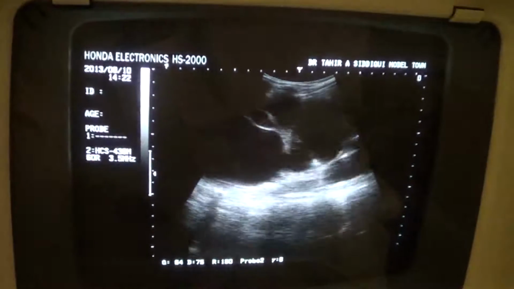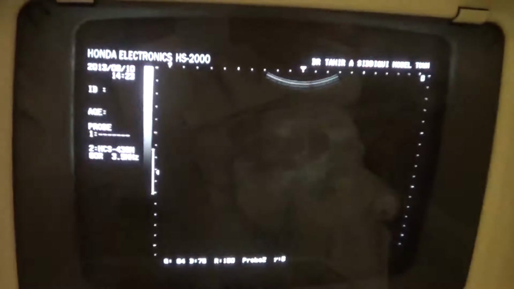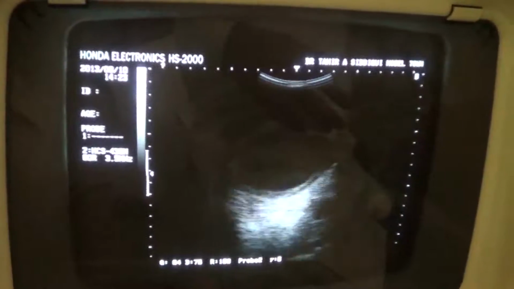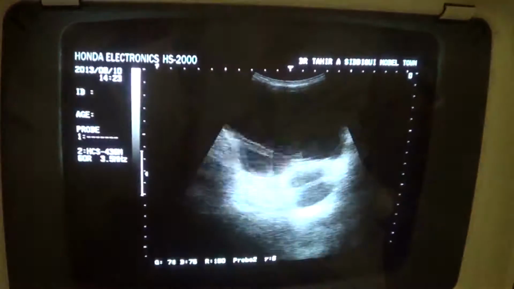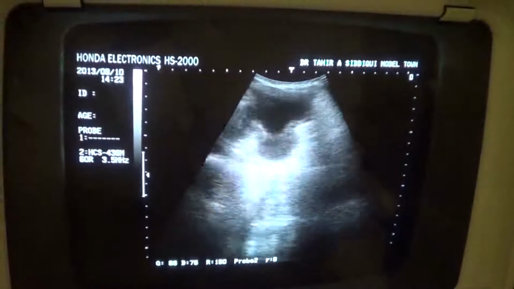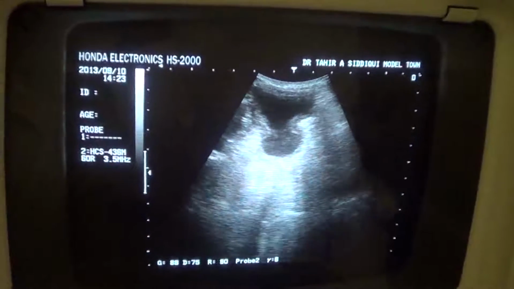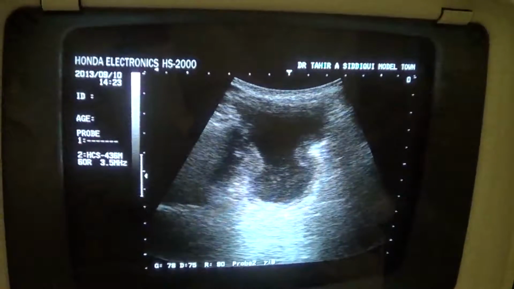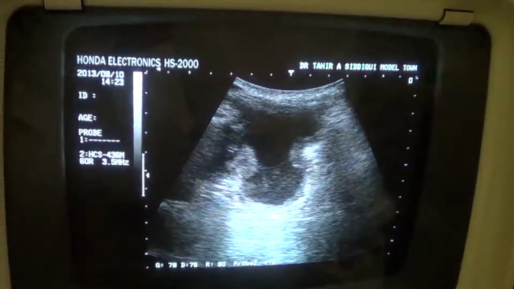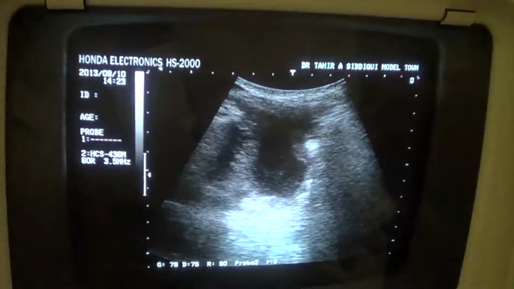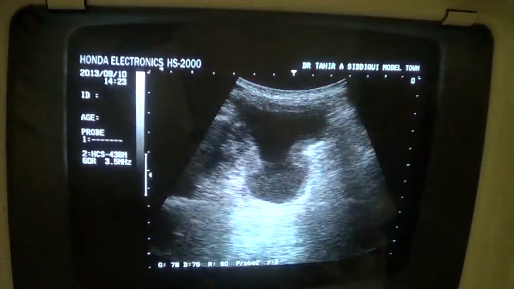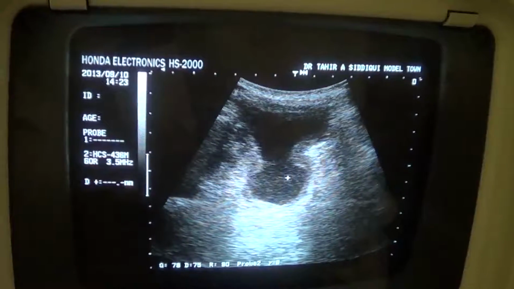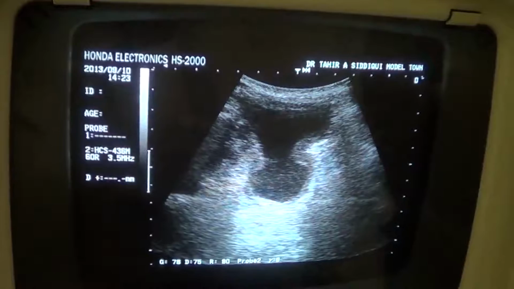Proceeding a bit further now, let us go to the urinary bladder. See the urinary bladder. This is the urinary bladder, and it is full of echoes.